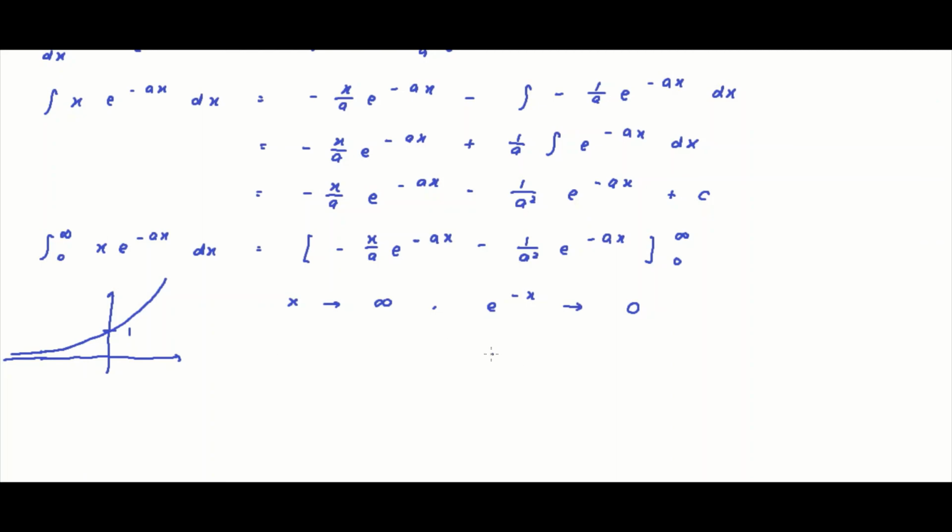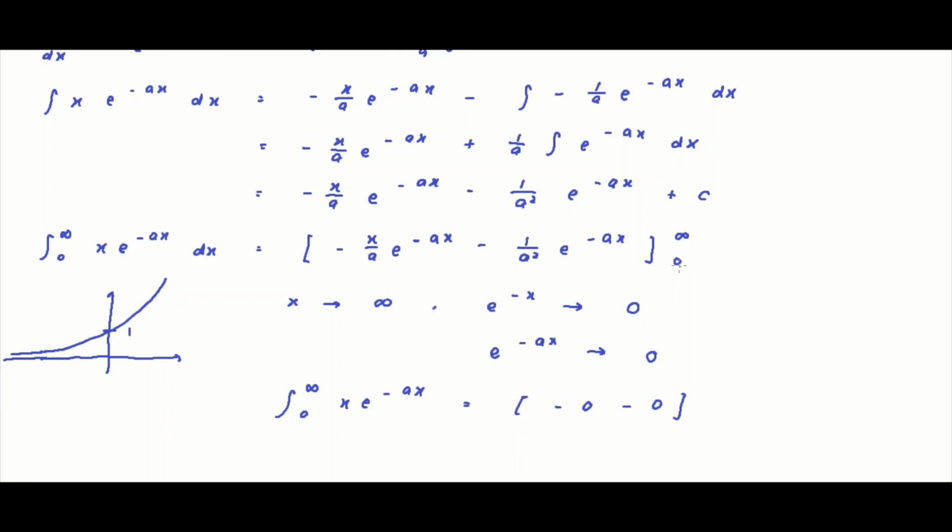So we also know that e negative ax is going to approach 0 as well. So when we want to put x approaches infinity, this part will approach 0 and this part will approach 0. So let's continue. You know that this part is going to approach 0, so negative 0 minus 0.